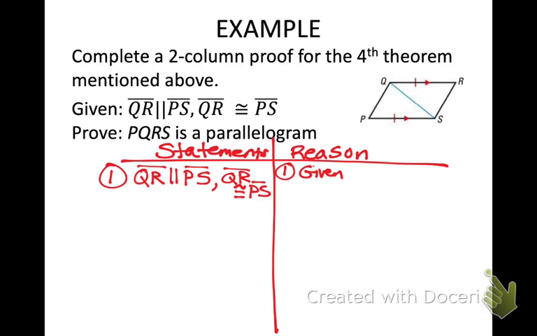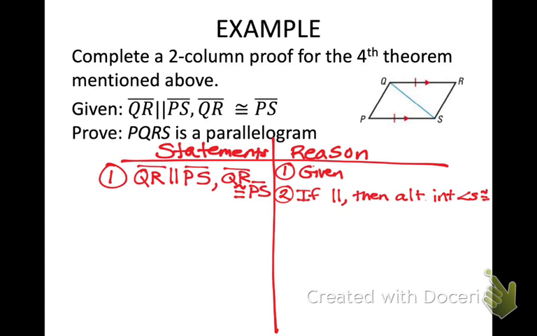Vocabulary. In this case, it's the symbol, which means parallel. So if parallel, then what? If parallel, then we get alt int angles congruent. Good.